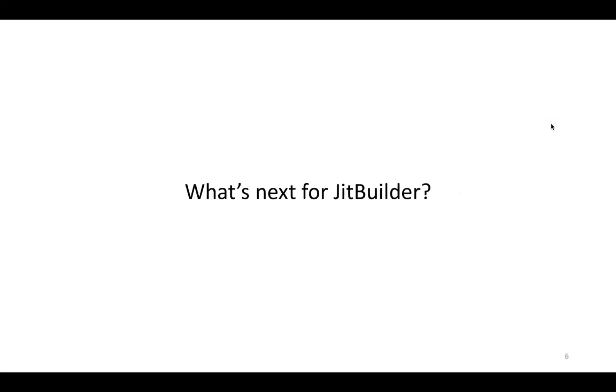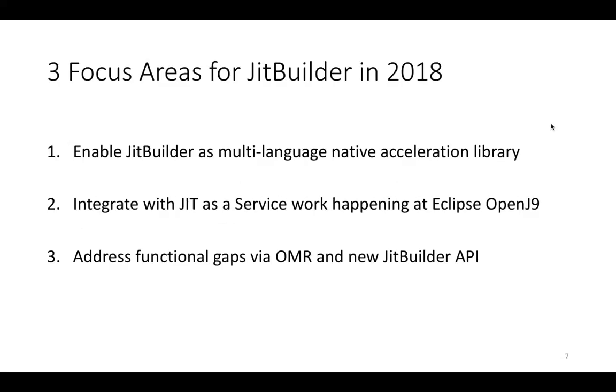All right, so that's just a quick summary of JitBuilder and where we are today. But the real question here is what's coming next, what's coming down the pipe. So there are really three focus areas in my mind for JitBuilder in the 2018 year. The first one is really to broaden the scope of access to the JitBuilder library so that you can use it as a native acceleration library for multiple languages, not just C++, where, as you saw, most of the current projects are based.